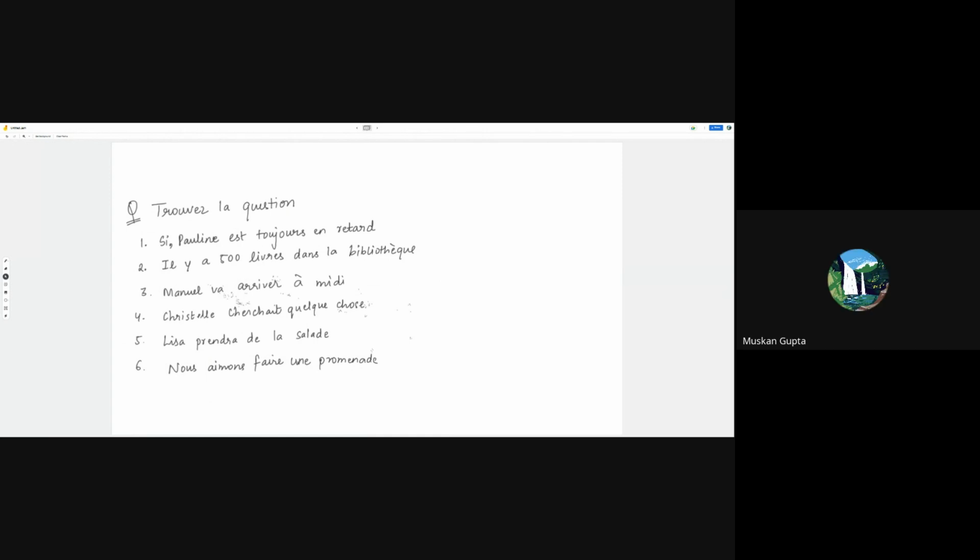Okay, so what is the first one? Si Pauline est toujours en retard. Pauline est toujours en retard. Okay, no, it's not that. When you are doing the inversion with one which has a proper noun, you don't write like this. You will say Pauline.